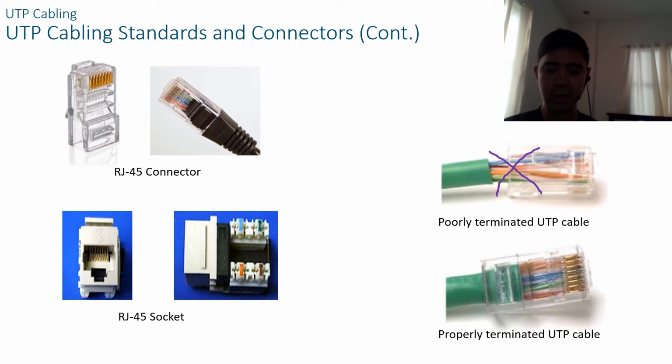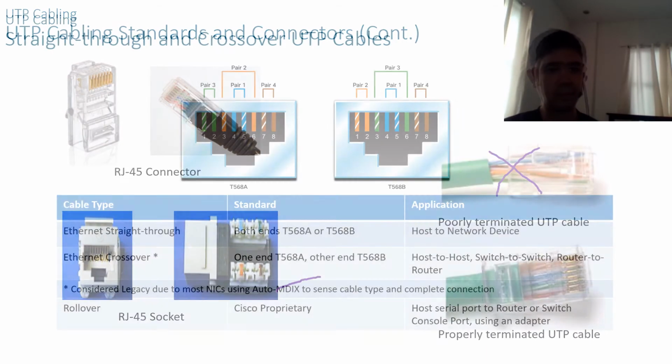Part of the outer jacket should be inside the RJ45. There is a socket here where we connect our RJ45. We usually see this RJ45 socket in the telecommunication outlet.